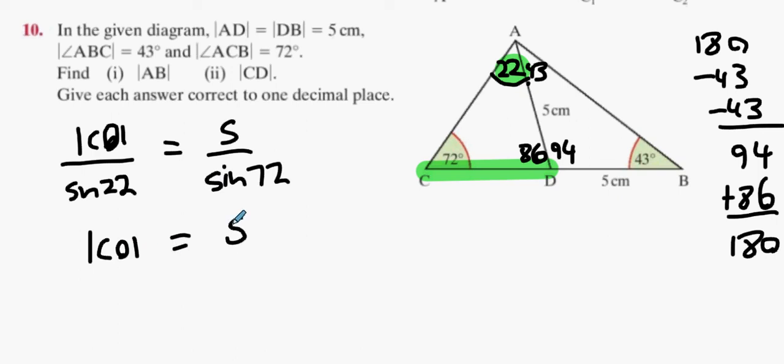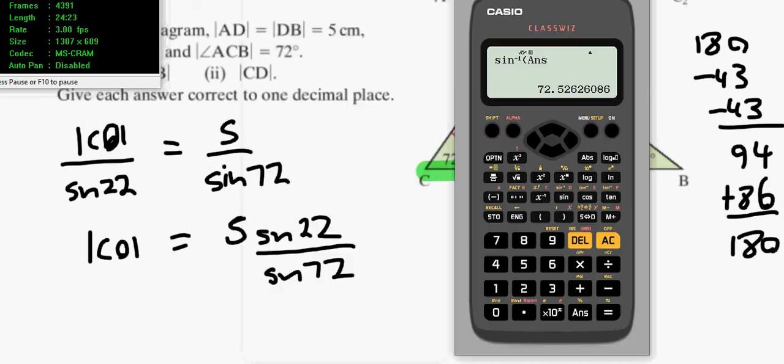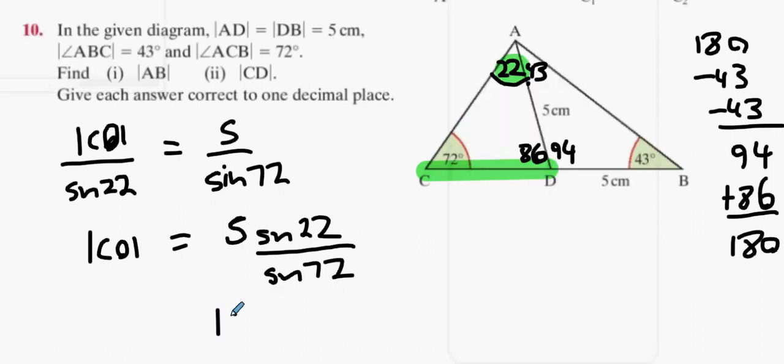Five sine 22 over sine 72. Okay, gents, so we just put this into our calculator. We get it done. There we go. And that's question 10 done.